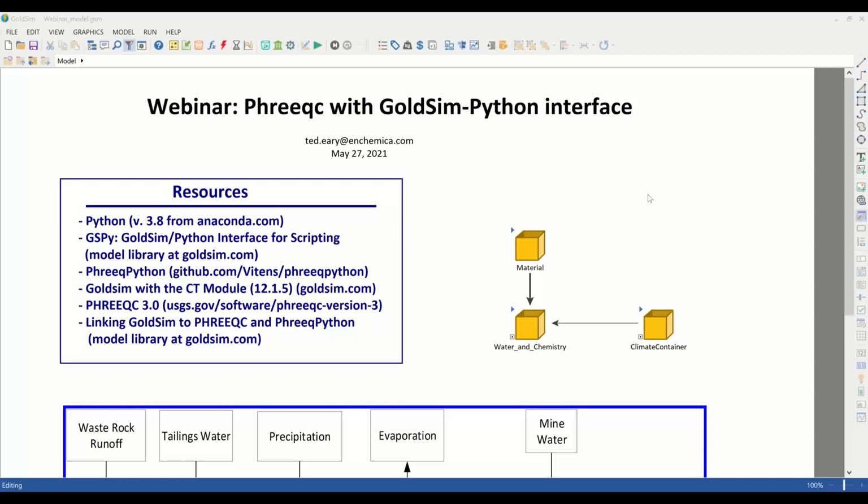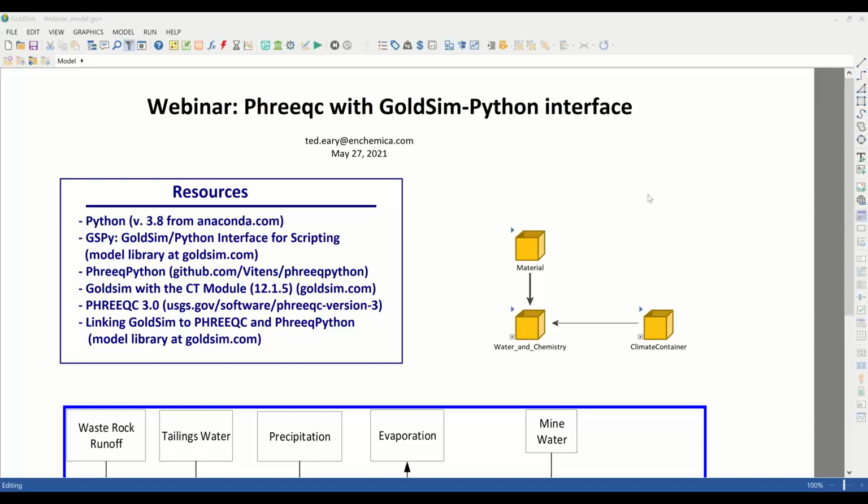Secondly, you should install the GSPy Python interface from GoldSim, and you can find that at the model library at goldsim.com. That installs basically the dynamic link library that has been created.